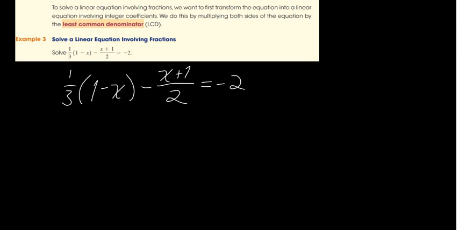See if we can clear that. Alrighty. So here's what we could do, one of two things. Whenever we're trying to multiply both sides by 6, we could, if you want to, do this.